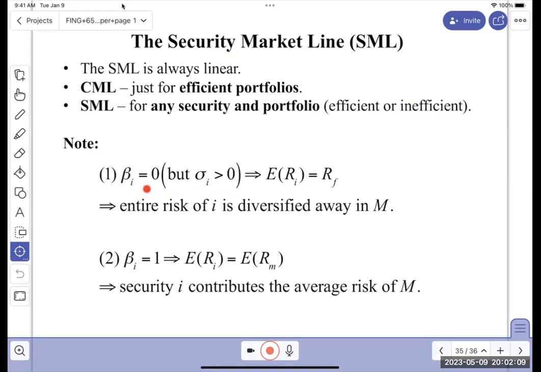If the beta is equal to 0, then that expected return will have the same return as the T-bills. If the beta is 1, then that expected return will have the same expected return as the market portfolio. So assets with similar risk will have similar returns as other assets with the same risk.